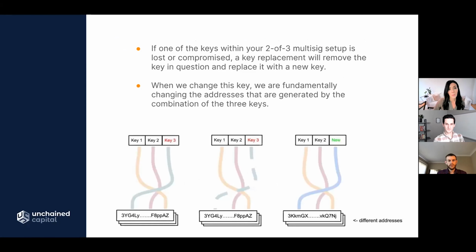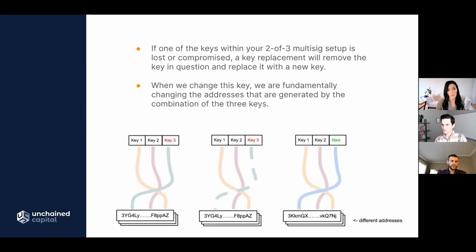So let's talk about what that is doing behind the scenes, under the hood, we shall say. What we're actually doing in this setup is, if you think of your 2 of 3 multisig as a braid made of 3 strands, you can identify that, let's say, key 3 here in red is the compromised key. Maybe you still have access to it. It's still in your possession, but you think that perhaps it's been compromised.